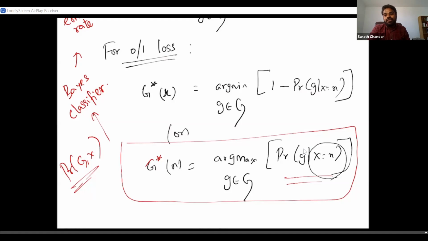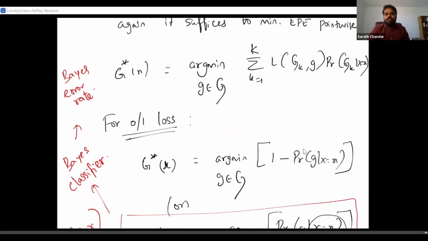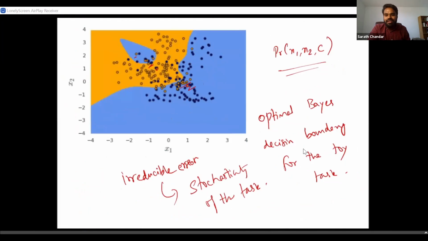The optimal classifier which makes this prediction is known as the Bayes classifier. We also discussed that the Bayes error rate, which is the error of this classifier, is irreducible, because we can never do better than it, simply because this is the lowest possible error that you could achieve, given that the process itself is stochastic.